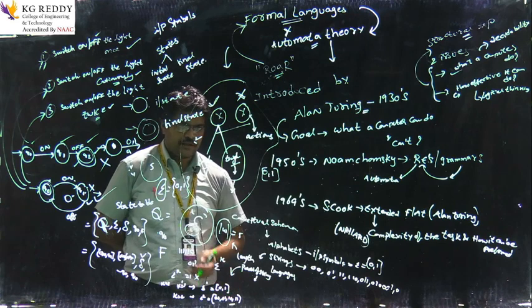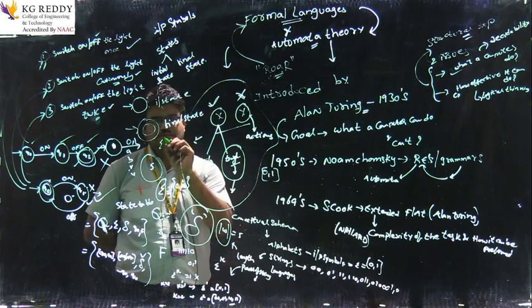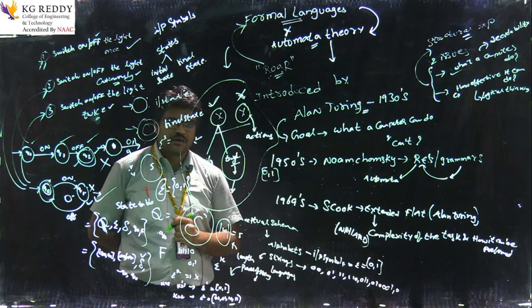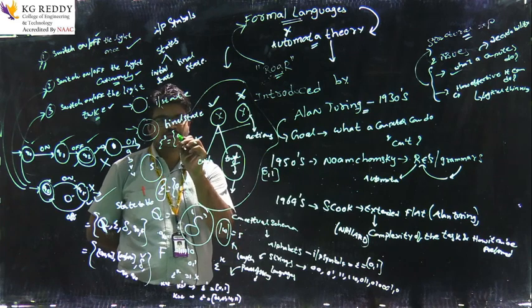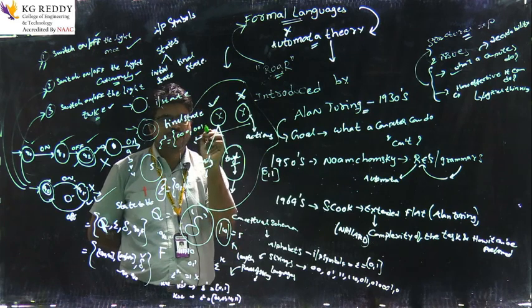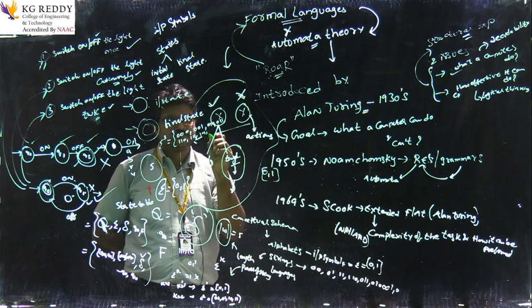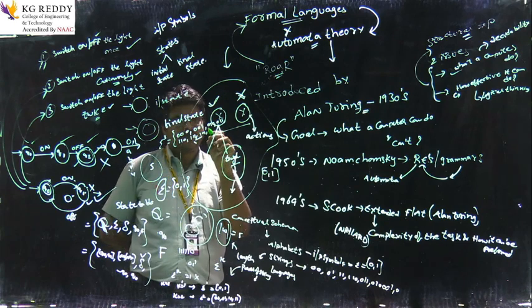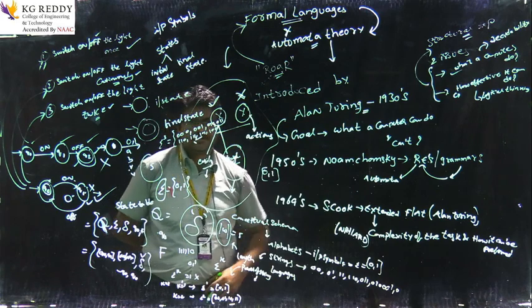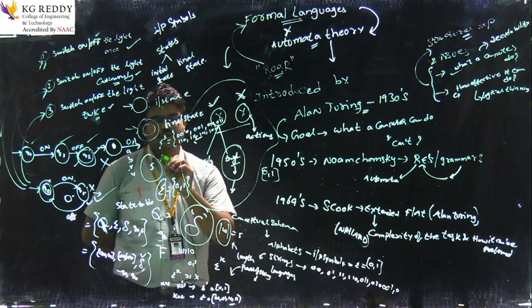In the same way, sigma cube will be represented as 0 0 0, 0 0 1, 0 1 0, 0 1 1, 1 0 0, 1 0 1, 1 1 0, 1 1 1. Total 8 representations, 2 cube, 2 power 3, 8.